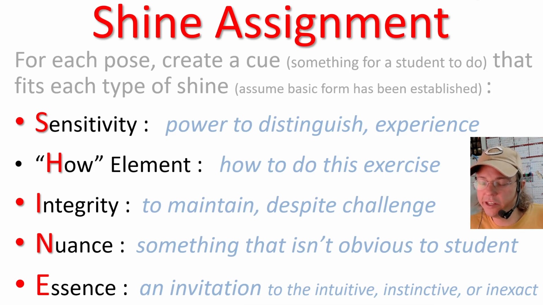And so what this is saying is, here's 5 of the neighborhoods, and can you play with them so that you get the feeling of the whole town, right? So the town is made of 5 neighborhoods, and you get the feeling of the whole town. The 5 neighborhoods of shine elements are what the acronym is: sensitivity, how, integrity, nuance, and essence. And what you'll notice about these neighborhoods or these categories is that there is quite a lot of overlap in some of them.